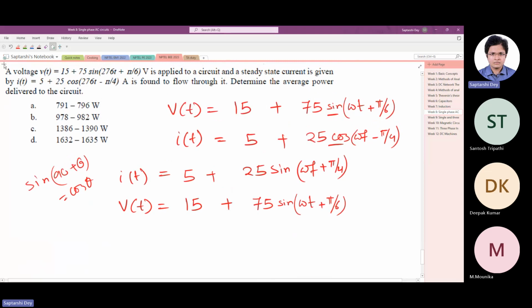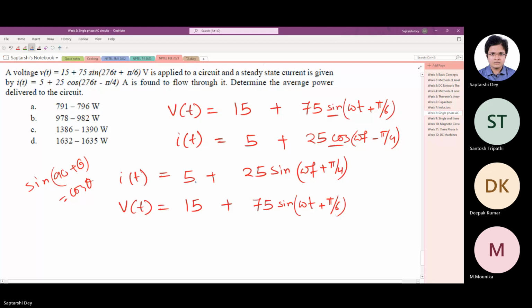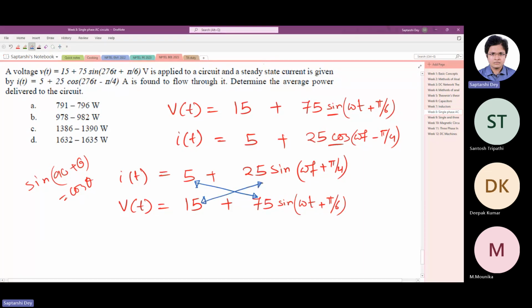As we discussed at the very beginning of this class, interaction between these two components and interaction between these two components will not give rise to any steady, non-zero average power. There will definitely be pulsating power, non-zero instantaneous power, but the average will be zero because their frequencies are different.